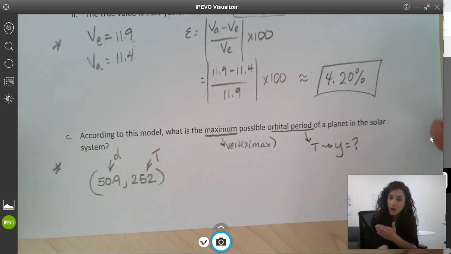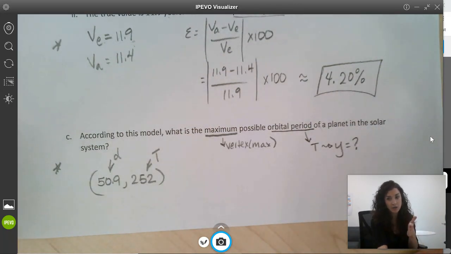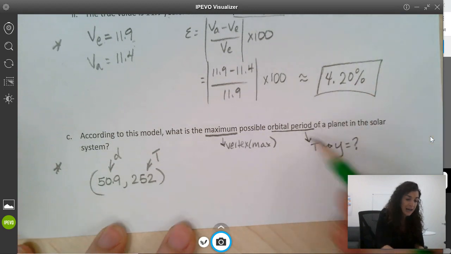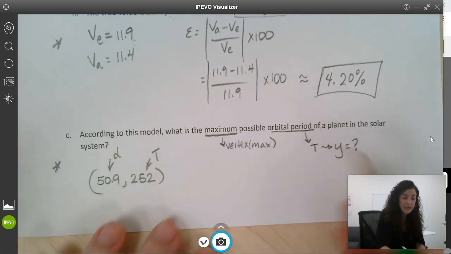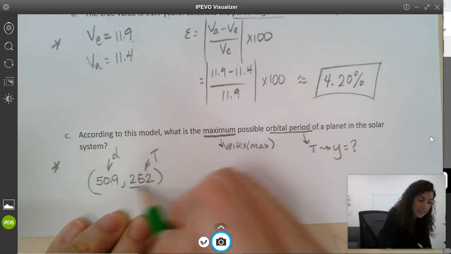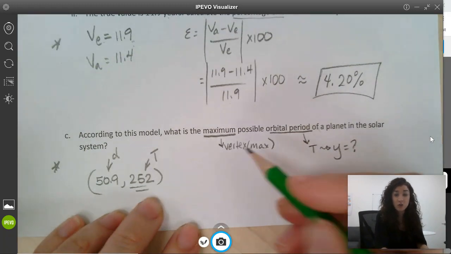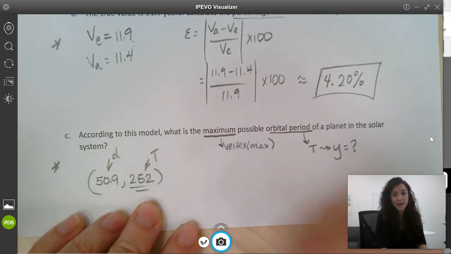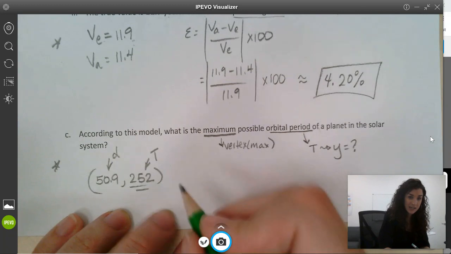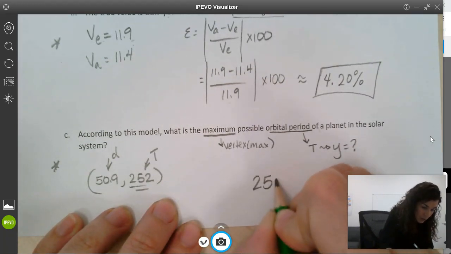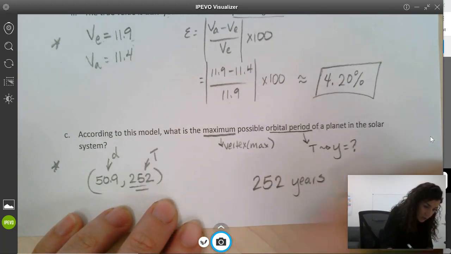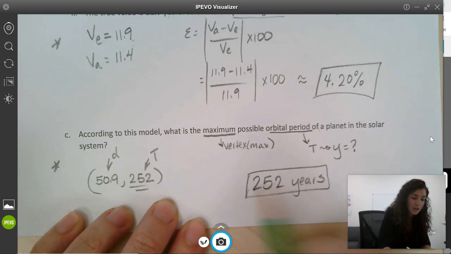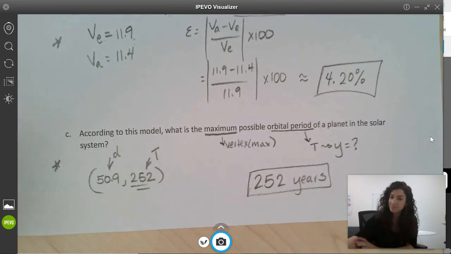So remember what all of that means in regards to your categorization of the variables. Since it's asking for the orbital period, that means that our answer is this number right here. If you just give the value or the point back, it's not going to be correct. So 252 years would be the orbital period, the maximum orbital period using this model. Great job.